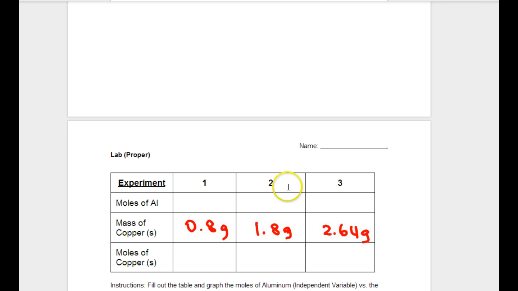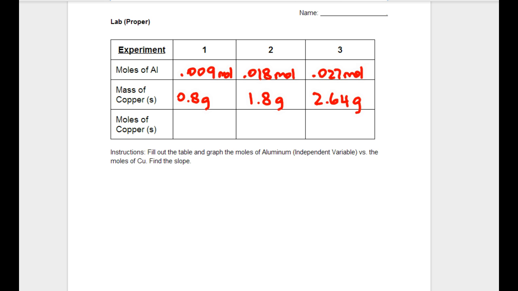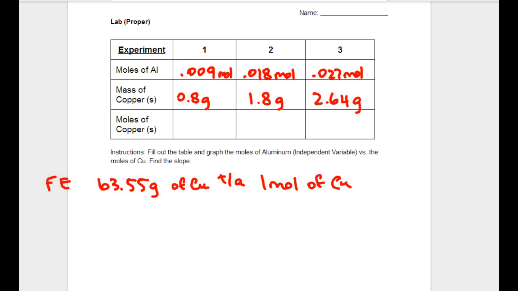So now what we have is the mass of copper. In order to convert from the mass of copper to the moles of copper, we're going to need another for every statement. For every 63.55 grams, which is the weight of copper from the periodic table of elements, there is 1 mole of copper. But in this case, for experiment 1, we have 0.8 grams. So we have to find the conversion factor there, and it would be 79.44.